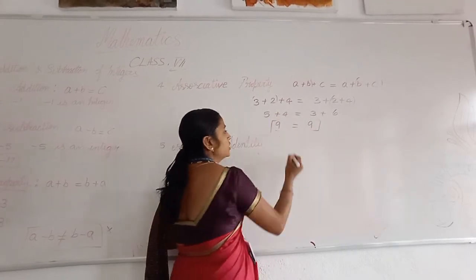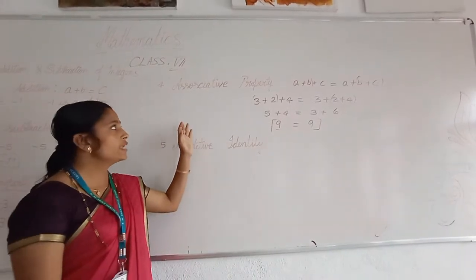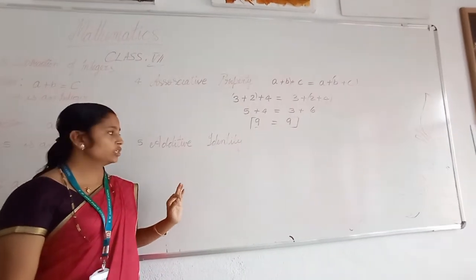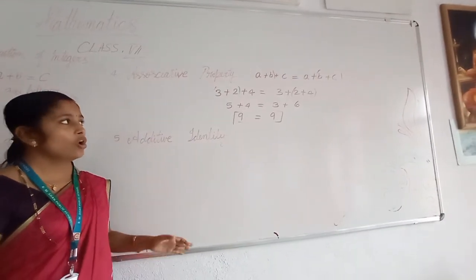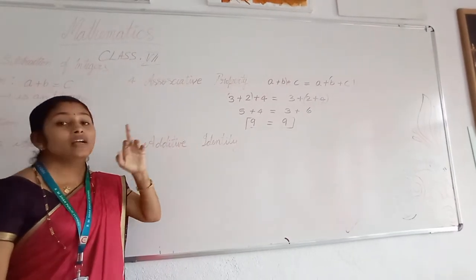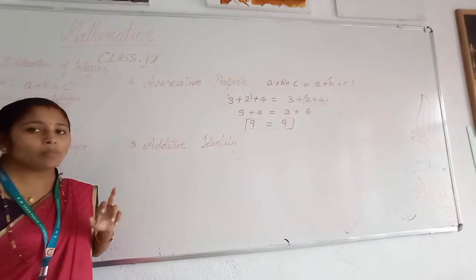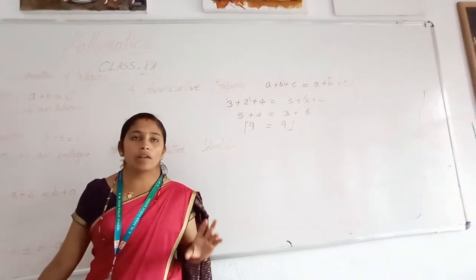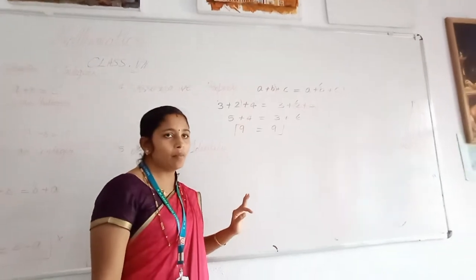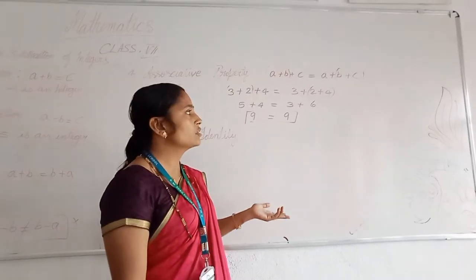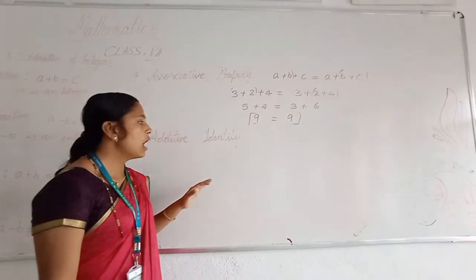So if you change the group, the associative property holds for addition. But it is not applicable in subtraction. Why? Because when we change the order it is not applicable, and when we change the pair we also get a different answer. So it is never applicable.